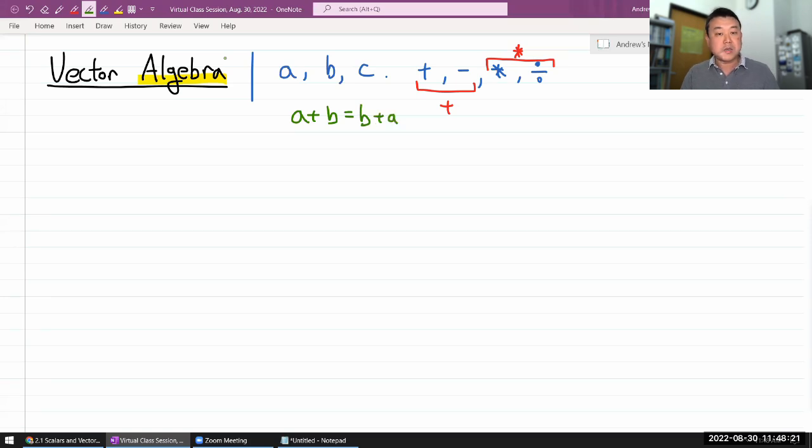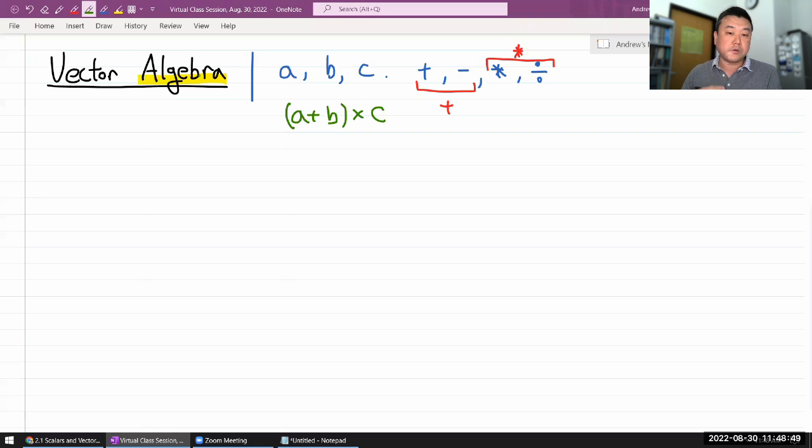And many of the properties you had for addition also apply to multiplication. Scalar multiplication is associative, and they commute. The one relationship where you see both addition and multiplication together is where you have an addition and you have a multiplication.